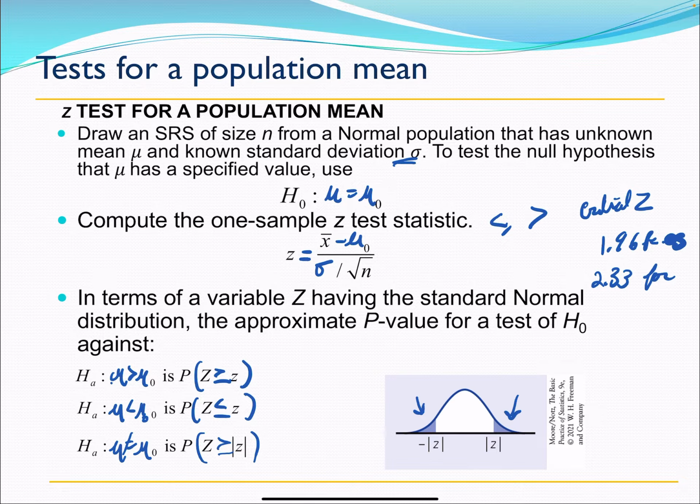So if I calculate a z and it's greater than 1.96, or less than negative 1.96, then I can reject it at the 0.05 significance level. 2.33 would allow me to reject it at the 1% significance level. I have a lot of videos on my YouTube of me solving these types of problems. They just take a little bit of getting used to. So let's work through an example.